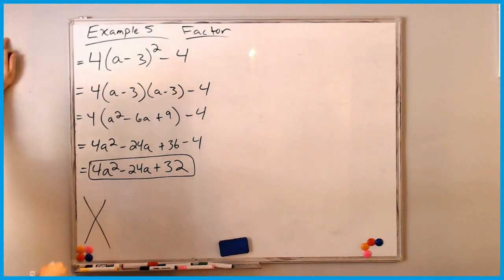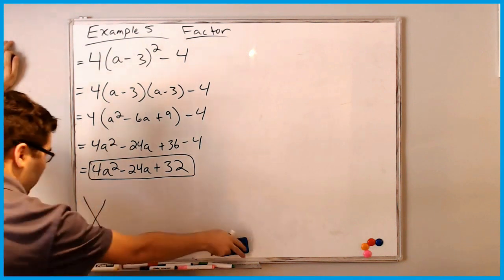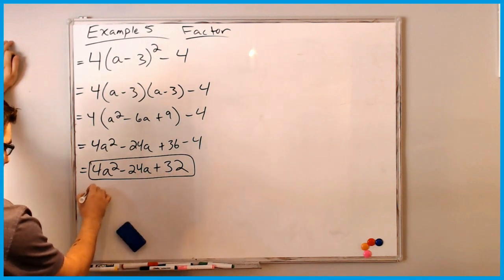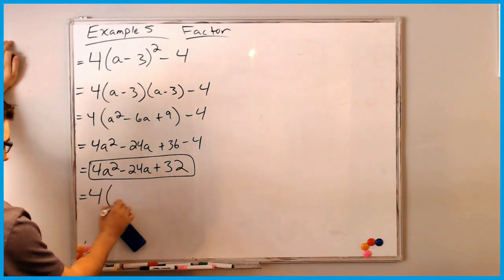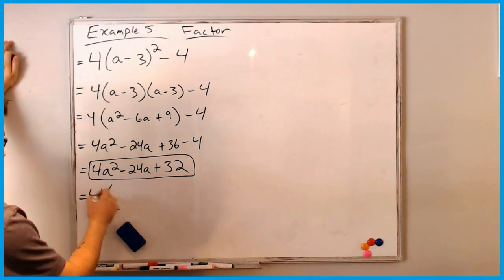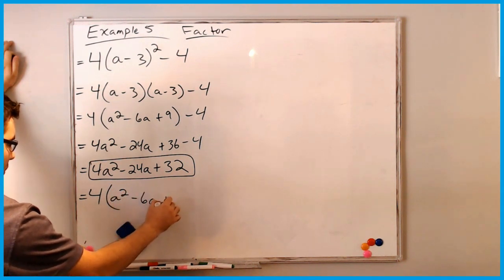But first I want to point out, to check for your greatest common factor, there is one. Specifically, each one of these numbers is divisible by 4. So actually we can rewrite this now. We can factor out the 4 and we get a squared minus 6a plus 8.